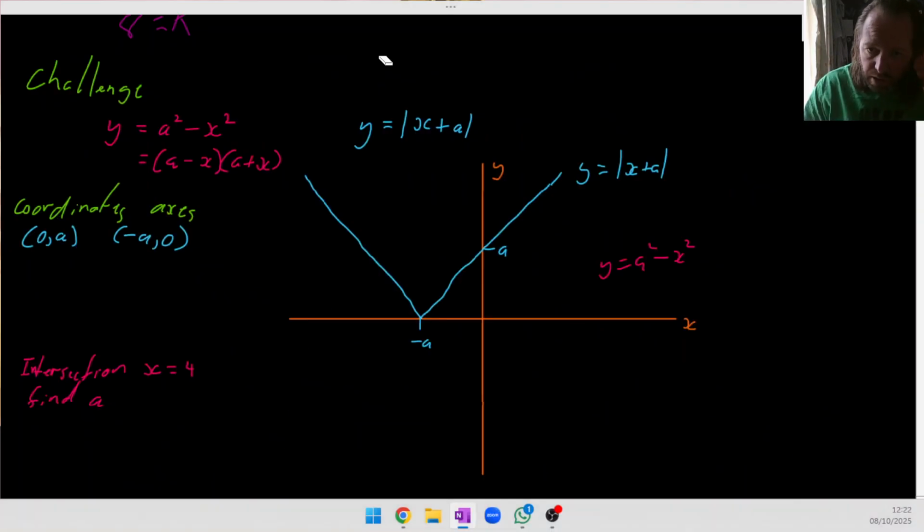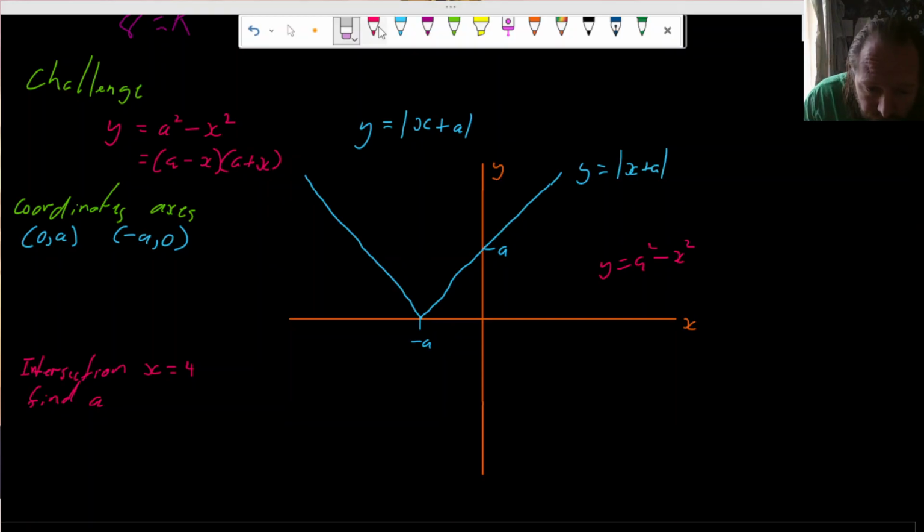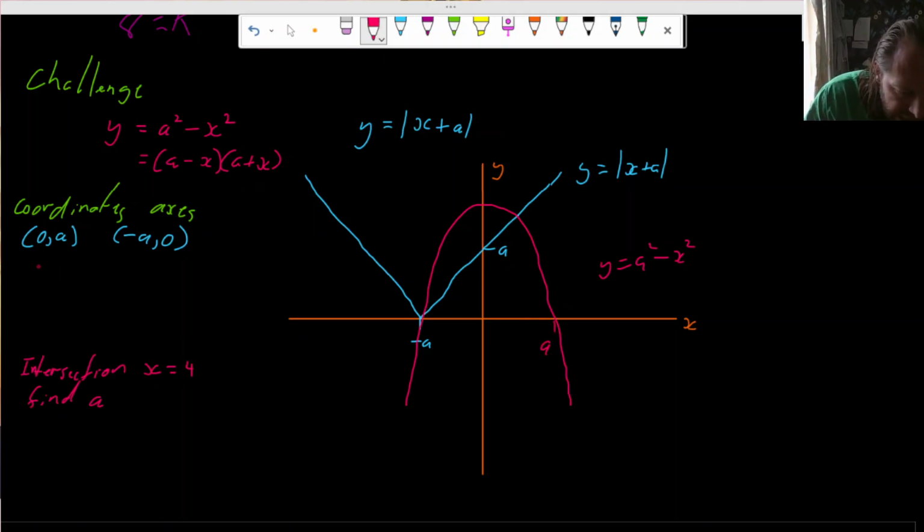So it should be coming through here like that. And there's the minus a, that would be the a, and so the points where it touches would be minus a, 0 and a, 0.